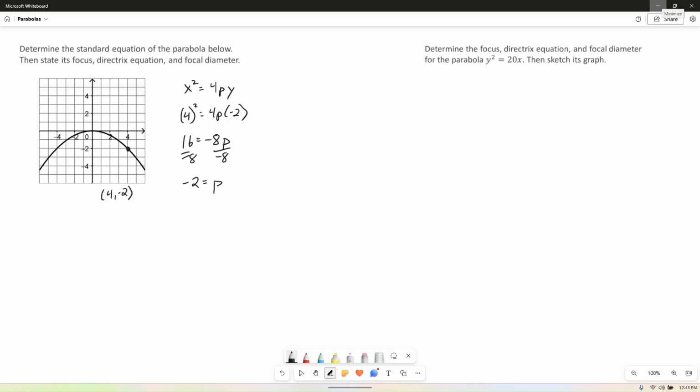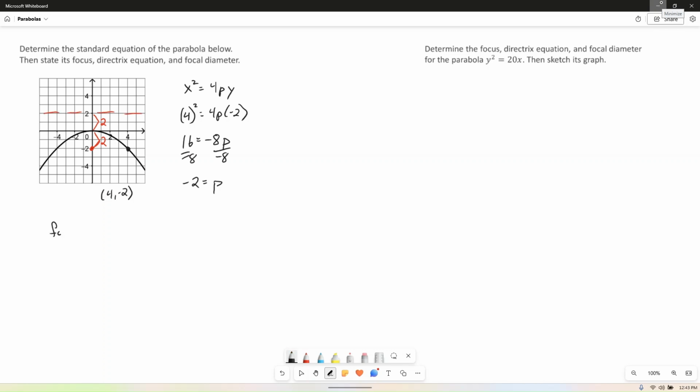Okay, so if my vertex is at the origin for this graph, and I know the value of p is 2, then the distance from the vertex to the focus is 2, and it's actually 2 units down, right? Because it's -2. And it's also 2 units up from the vertex to the directrix.